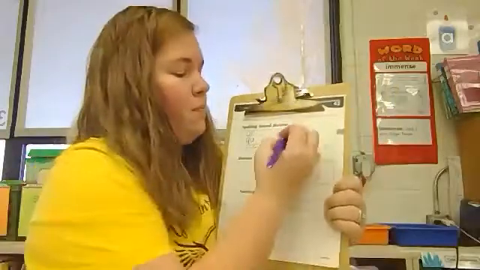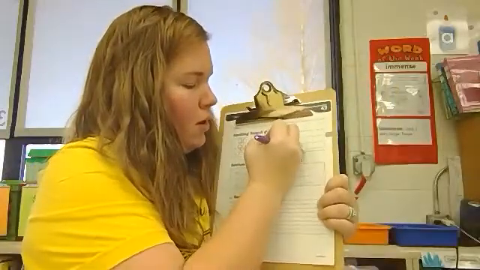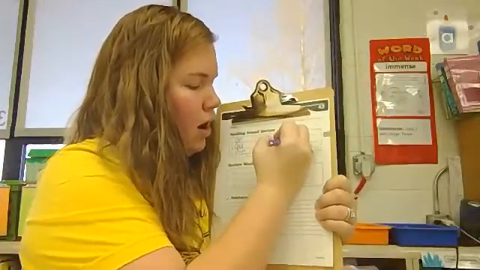O, consonant E, comma, O. Number five, U. U. Write the letters that say U. U, consonant E, comma, U. U for number five.